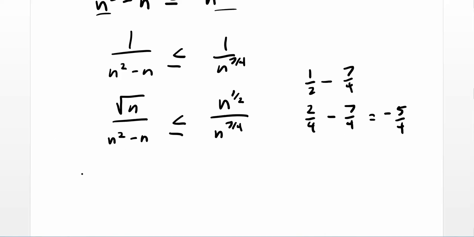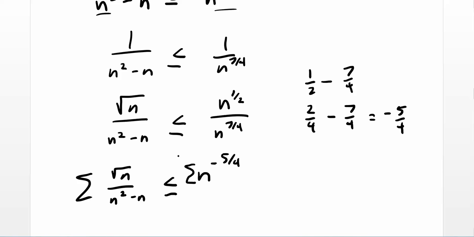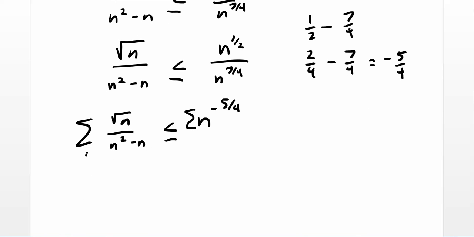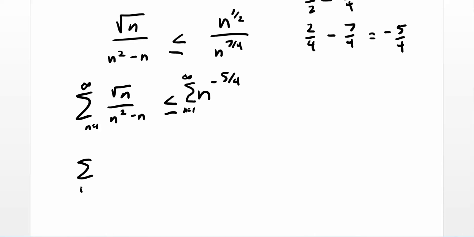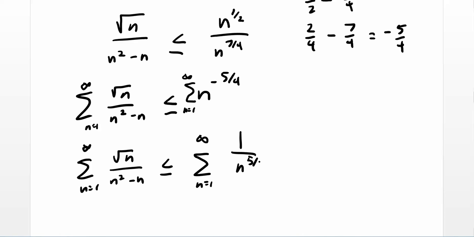So this is going to tell us that the series of root n over n squared minus n, n equals 1 to infinity, is less than or equal to n to the negative 5/4, and finally it's less than or equal to the series of 1 over n to the 5/4.